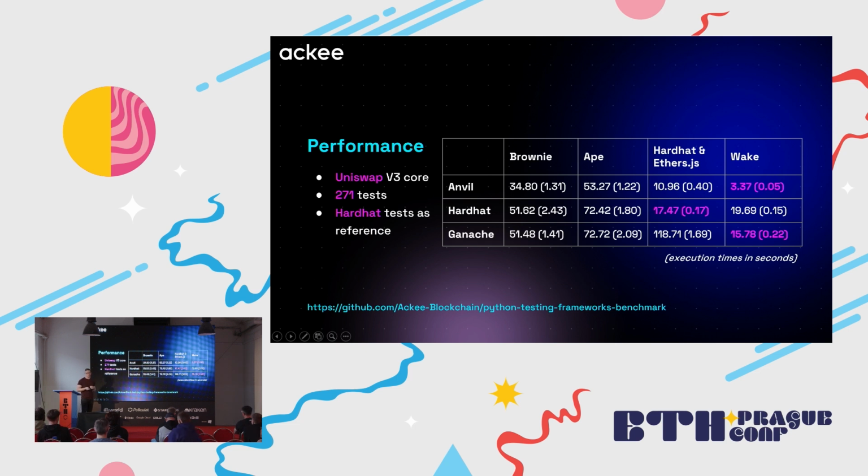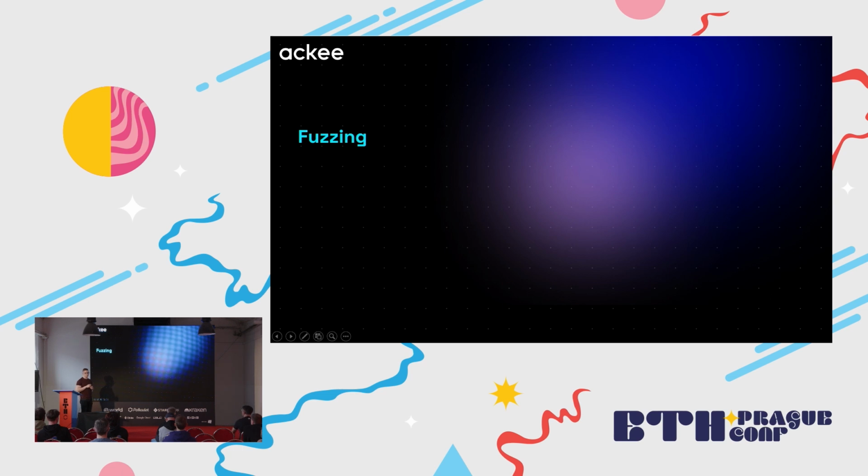So we've performed another benchmark, but before I get to the benchmark, I want to introduce fuzzing finally. But first, maybe one question. How many of you have ever heard about fuzzing? Please raise your hand. Good, that's very good. Okay, thank you. So just a brief introduction to fuzzing.